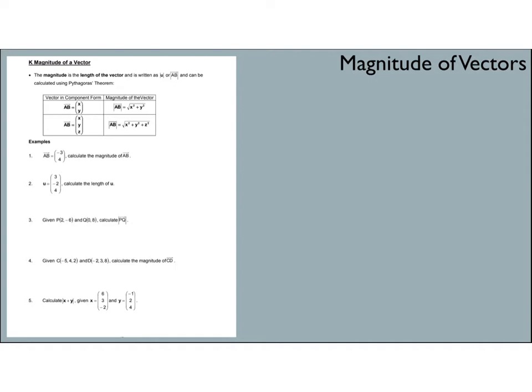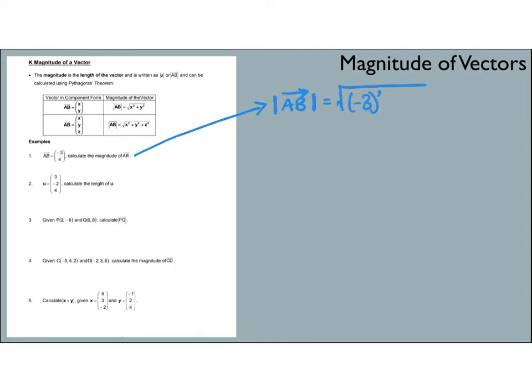This one here has got some questions on it that show us different ways that the notation is used within National 5 Maths. The first one we've got there is vector AB. That would be a vector that starts at point A and goes to point B. I've put in the lines on the side to say that I'm going to be working out the magnitude.